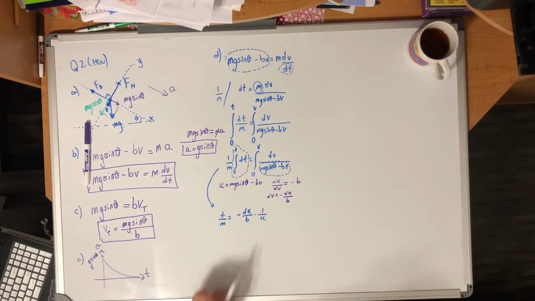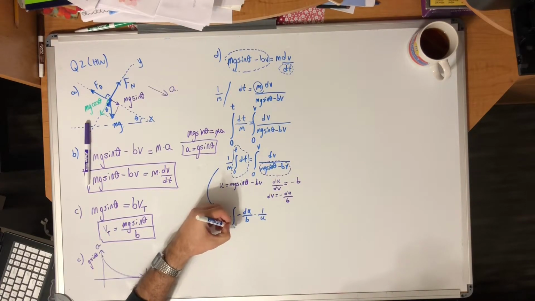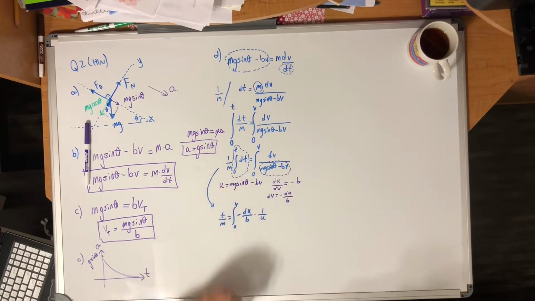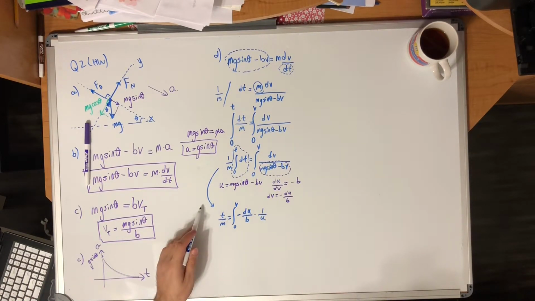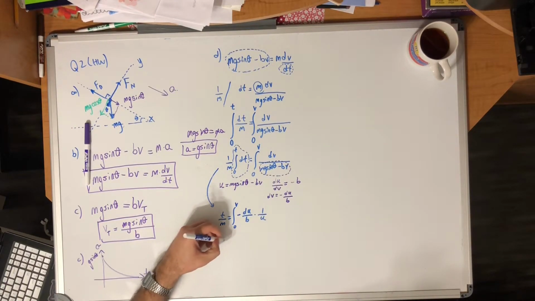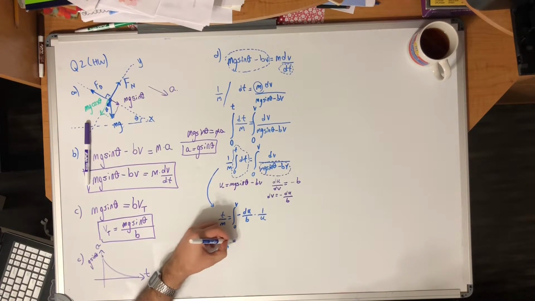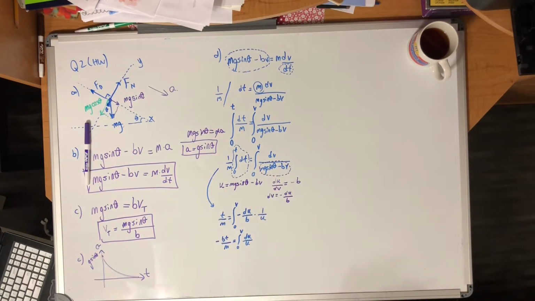Now this negative b is also a constant, so I can get rid of it from inside, and I still have this integral because I did not take the integral yet. So this negative b can go to the other side. Since it's in the denominator, it's going to go to the top. I have this negative, and I'll just put it in front. So negative bt over m is going to go from 0 to v of du divided by u.